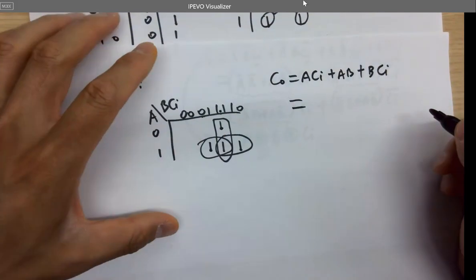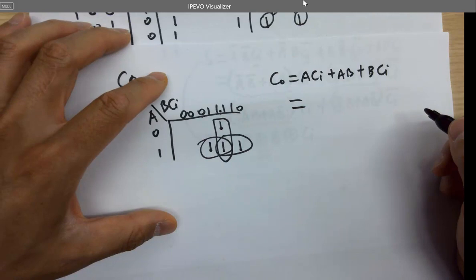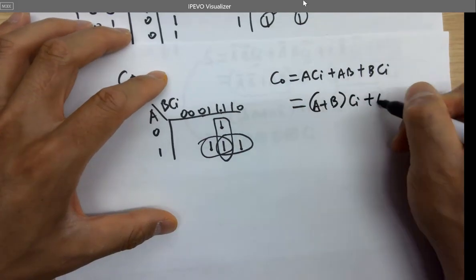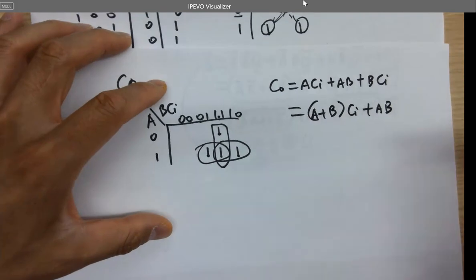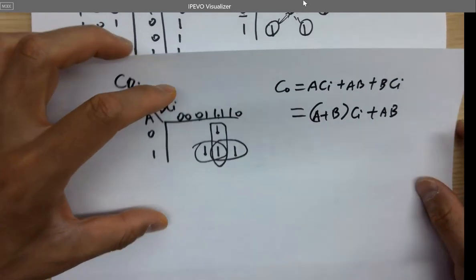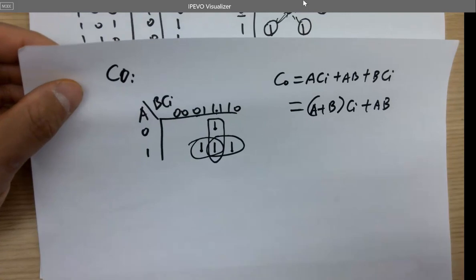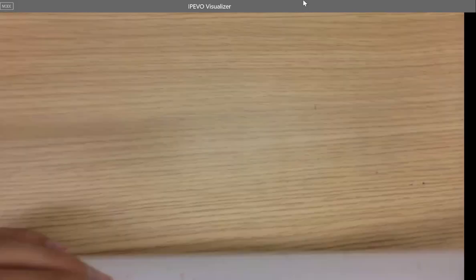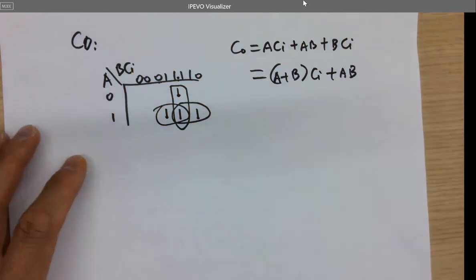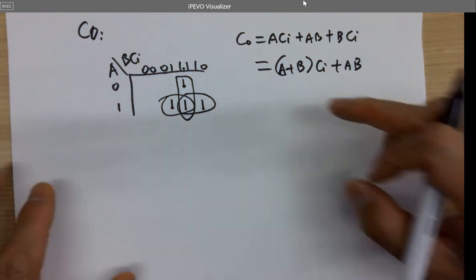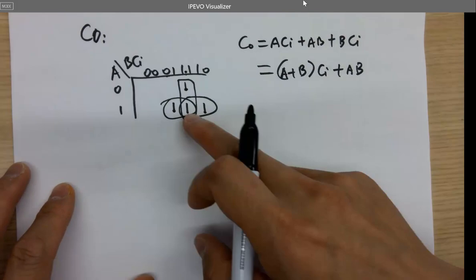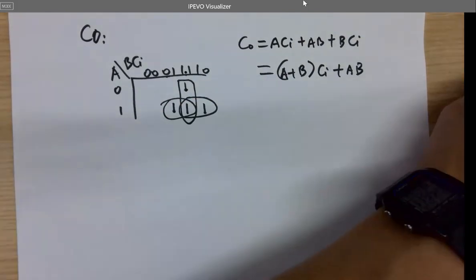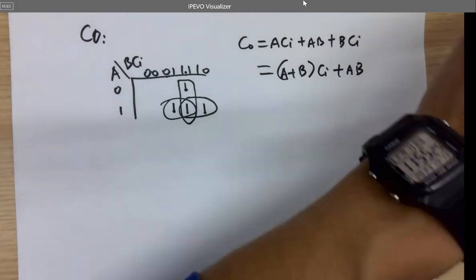So eventually this is AB or ACI or BCI. Okay, it's a lot easier. We can simplify it because on the K-map you have neighboring components. You can combine them together.